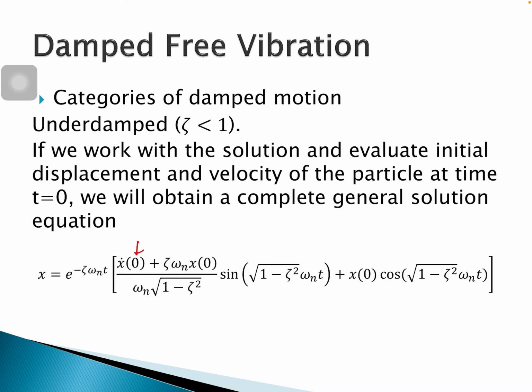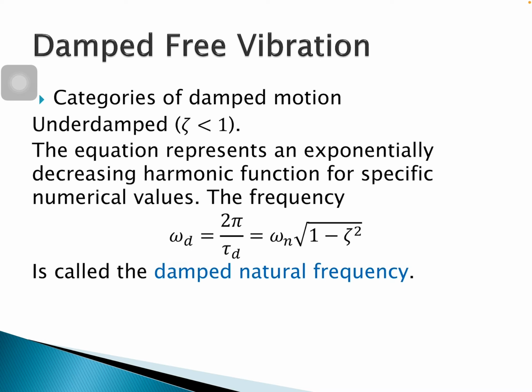We can just put in the value, replace the t, and we can get the constants. The equation represents an exponentially decreasing harmonic function for specific numerical values.